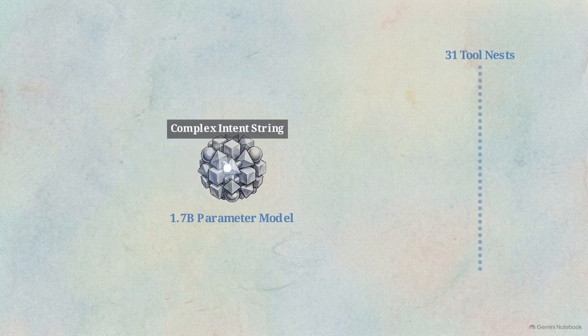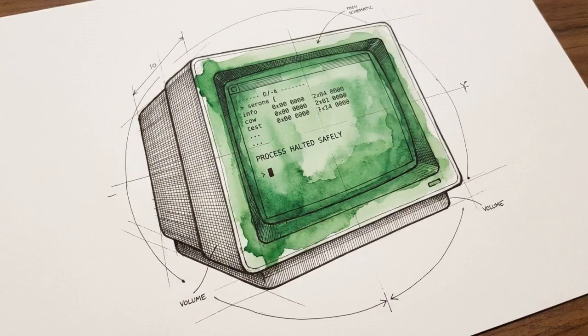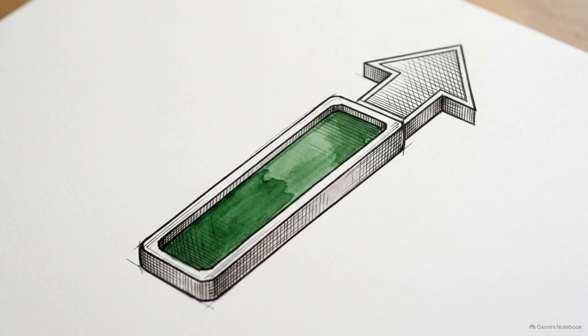The 1.7 billion parameter model frequently misclassifies complex strings that require jumping between multiple nests. Because the architecture is deterministic and designed to fail closed, a single routing error halts the entire loop safely, preventing destructive operating system commands. However, when restricted to single-intent tasks, the accuracy rises to a much more viable 74%.